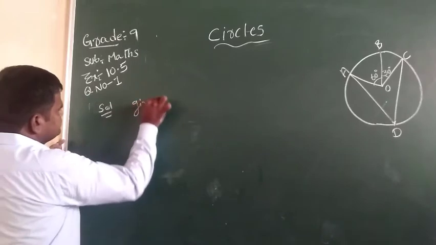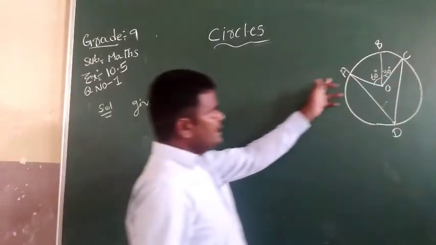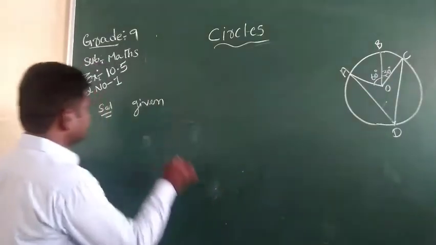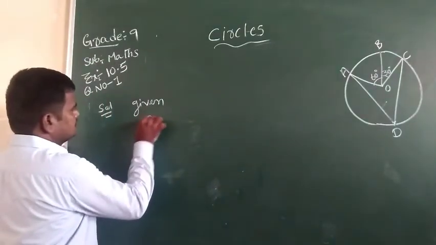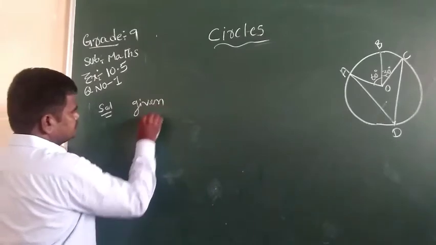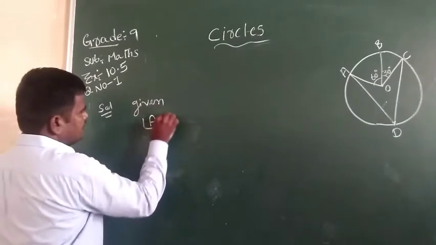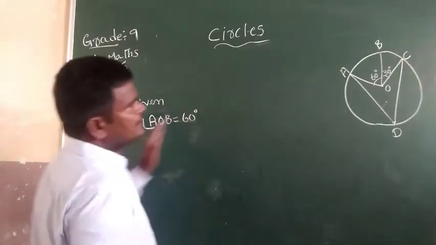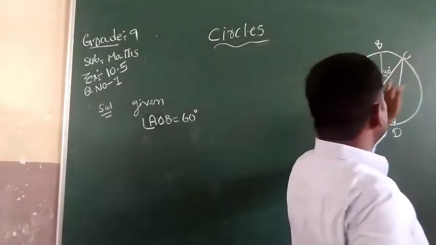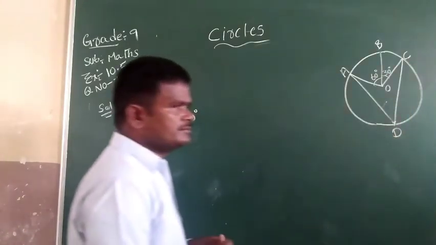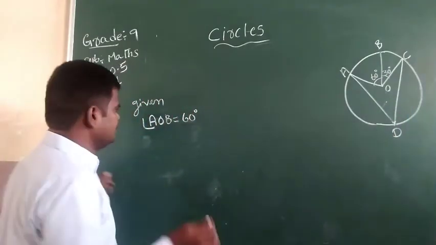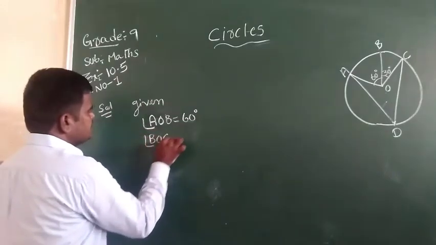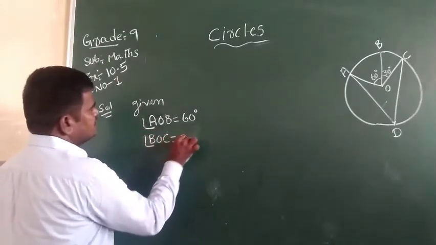Given angle AOB equals 60 degrees and angle COB, or BOC, you can write any one, equals 30 degrees.